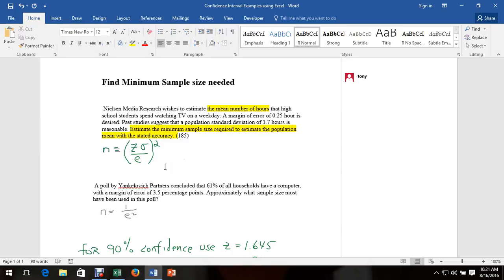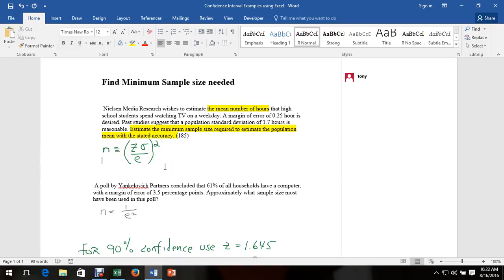And you're going to get your answer. Let's see, if I do that, I'm going to take 1.96 times 1.7 divided by 0.25 squared. 0.25, by the way, 0.25 squared is 0.0625. So we have 1.96 times 1.7 divided by 0.0625.